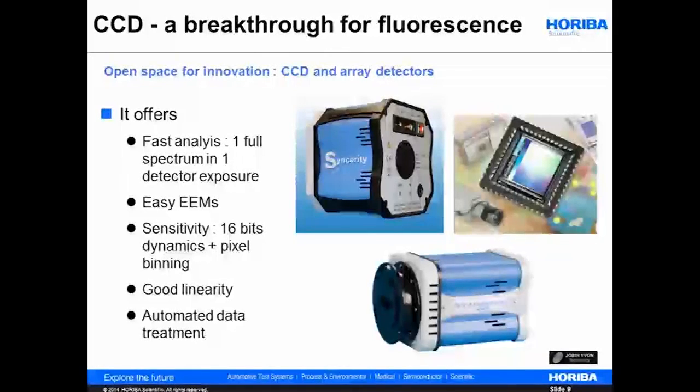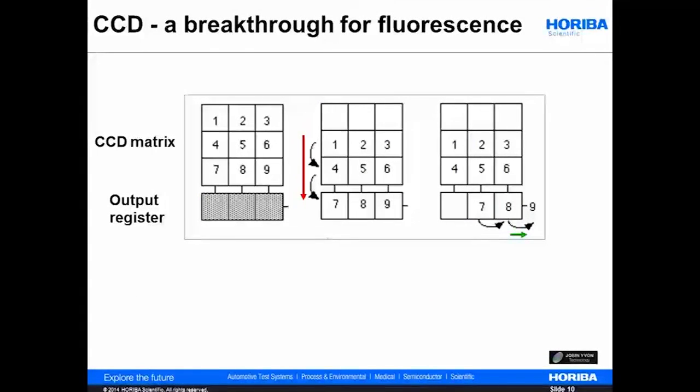How does the CCD work? In order to produce an image or a spectrum, a CCD must accomplish four functions. First, generating photoelectrons, then collecting the electrons, then transferring the collected charges, and finally reading the charges.